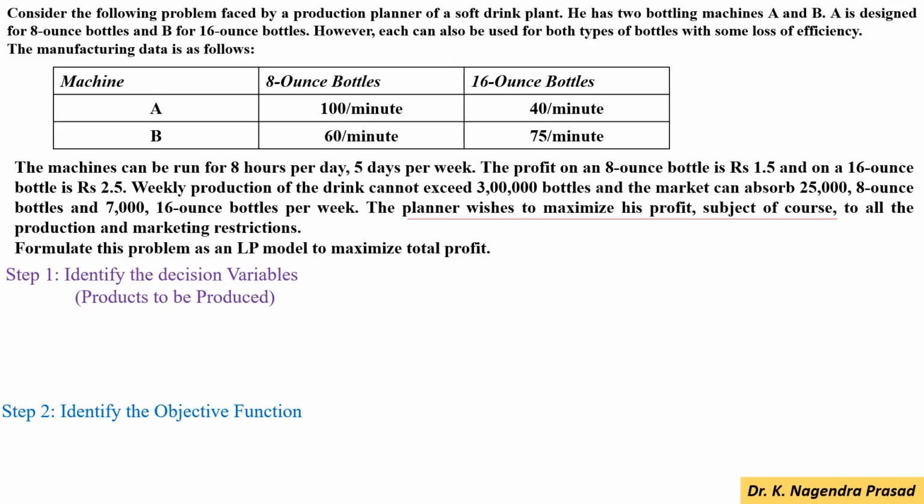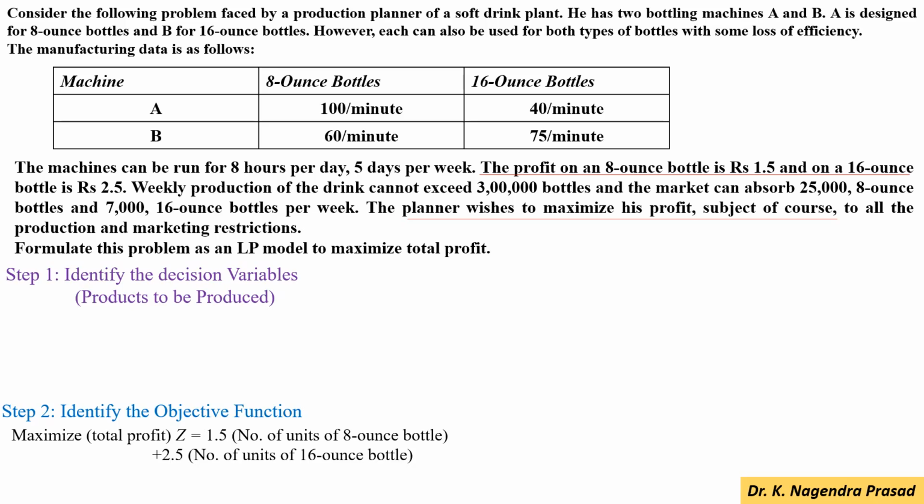So the objective is to maximize the profit. Moreover, another sentence is given in the data related to the profit. That is, the profit on an 8-ounce bottle is 1.5 rupee and on a 16-ounce bottle is 2.5 rupee.